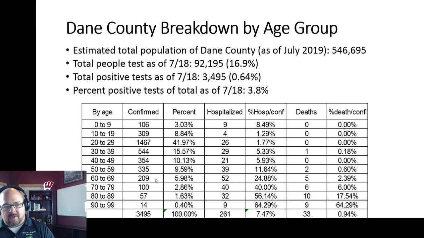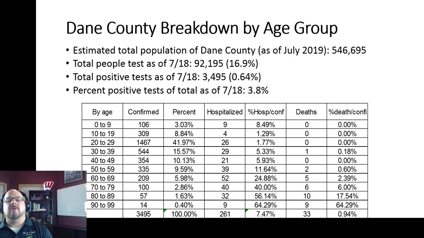Then if we go to, let's say, people over 60, they're under 6% of the total positive. They're 25% of the inpatient and 2.4% of the mortality. If we go up to the 80-year-olds, 80 to 90, they're only 1.6% of the total positive tests, but they are 56% of those hospitalized.